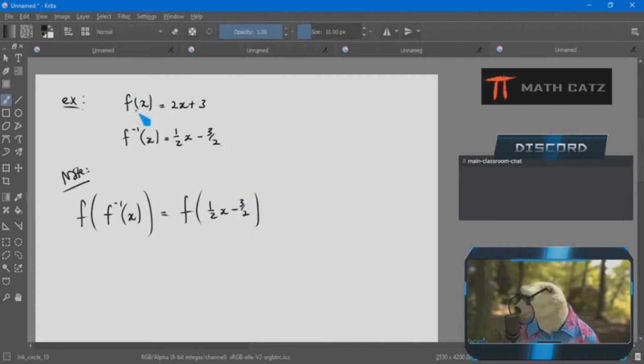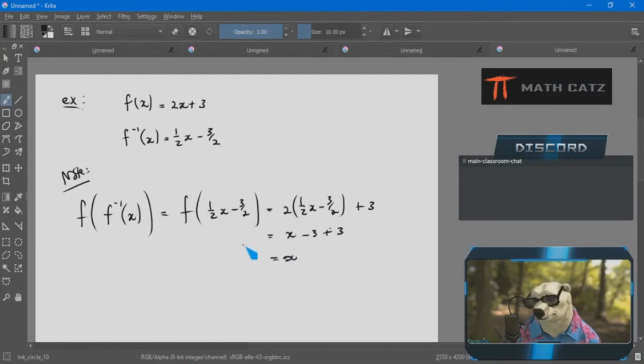What does f do? F takes its input, multiplies it by 2. So let's do that. And then adds 3. So now when I multiply the 2 in, I get x, I get minus 3, and then this plus 3. So I get x. What does that mean?